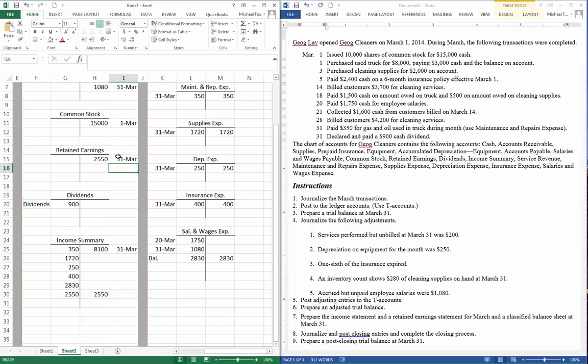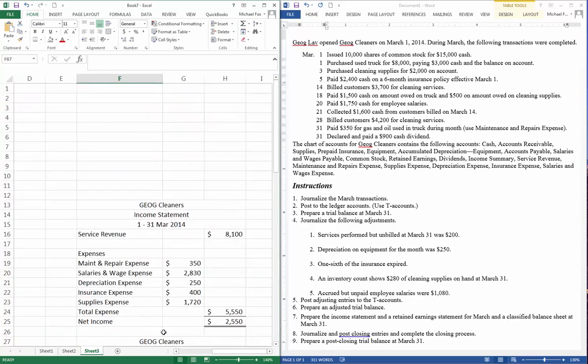The last thing we have to do is close out dividends. Dividends closes out directly to retained earnings. So we'll do a credit here of $900, and then we'll debit retained earnings. And then our new balance in retained earnings is going to be the $25.50 minus the $900, $16.50.